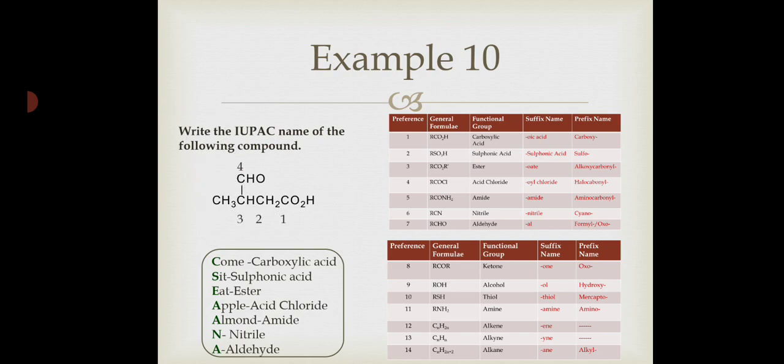And the name of the compound is 3-methyl-4-oxobutanoic acid, where methyl came before oxo in the prefix name because of alphabetical order, and the prefix name for aldehyde is oxo. The suffix name for carboxylic acid, oic acid, came after the parent name.